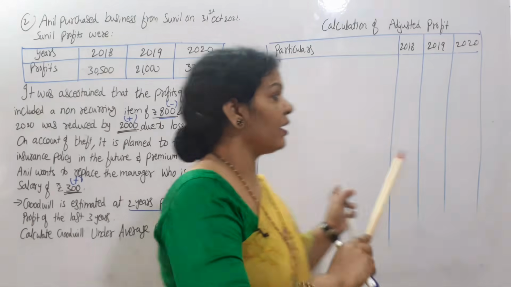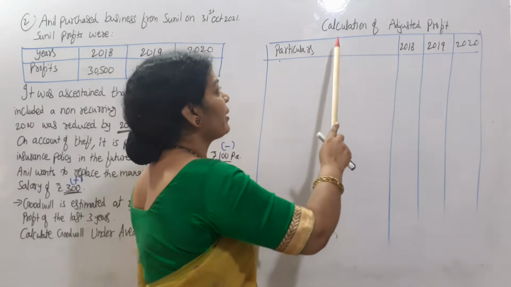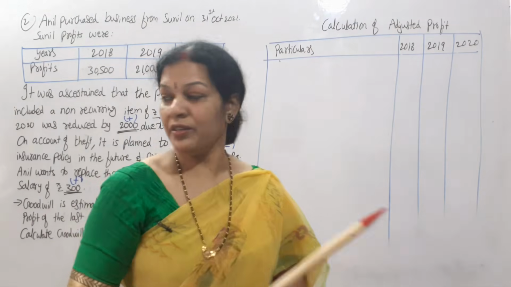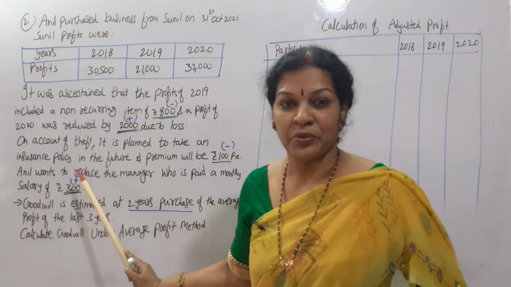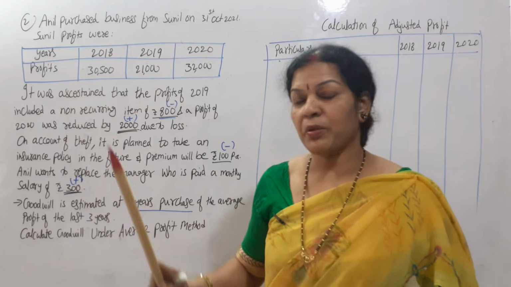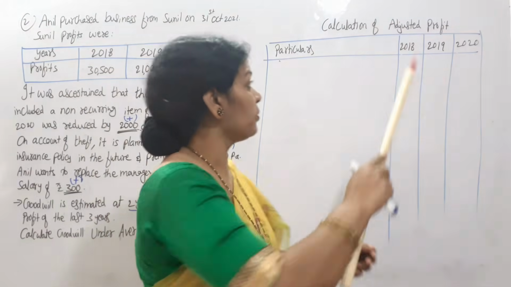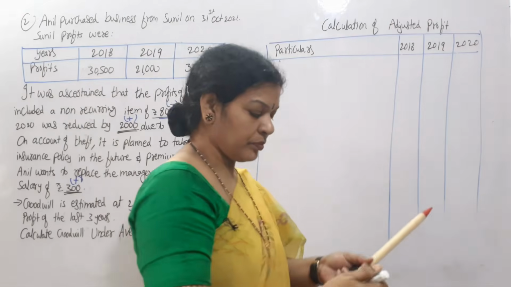For that purpose, I have drawn this table. Calculation of adjusted profit. These adjustments we are going to do. To calculate adjusted profit, first we will write the profits of 2018, 19, 20.